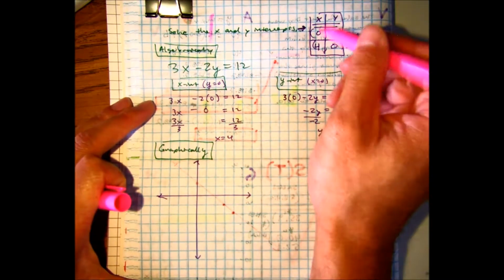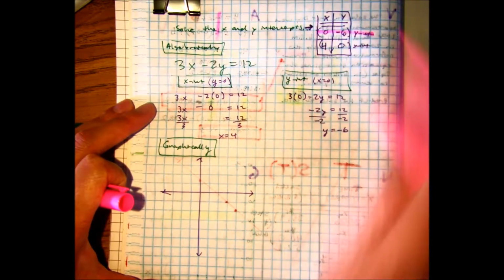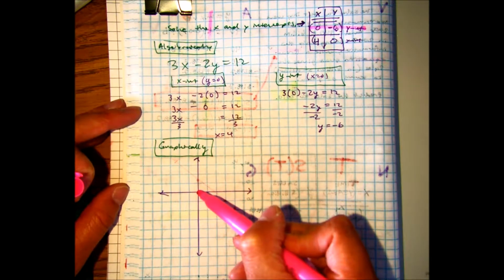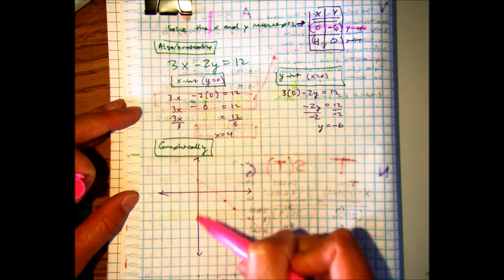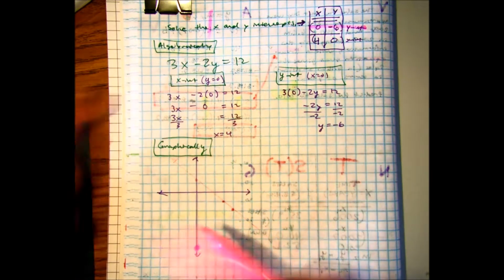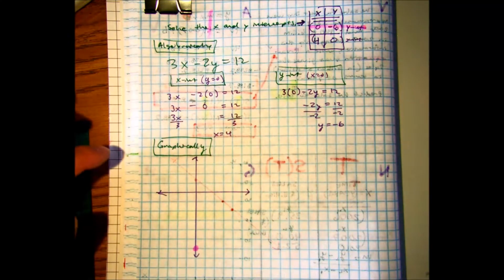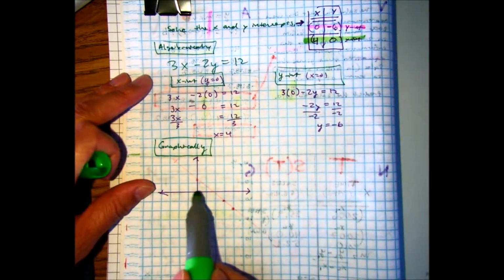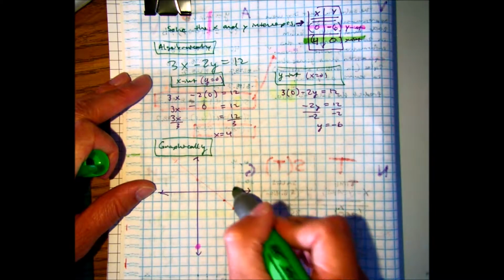So 0, negative 6, how do I get there from the origin? What's happening? Down 6. 1, 2, 3, 4, 5, 6. Good job. How do I get to 4, 0? Right 4.